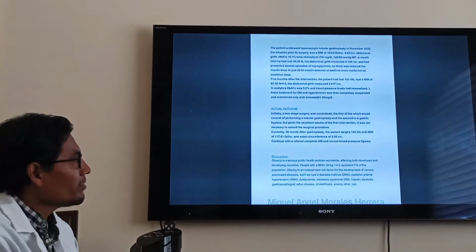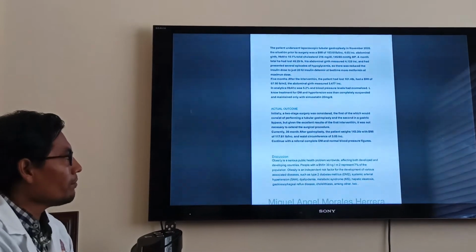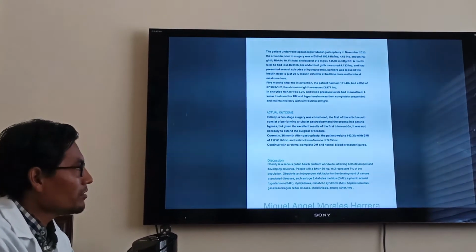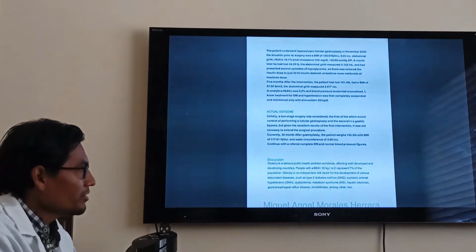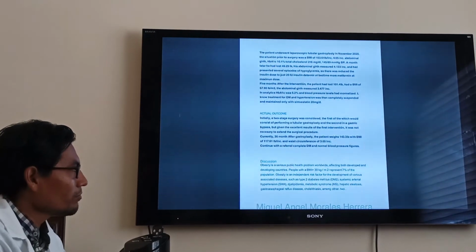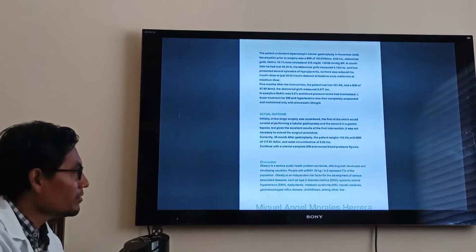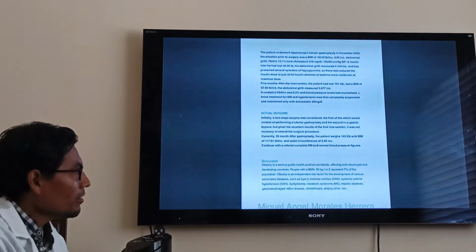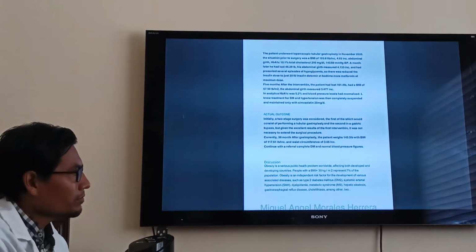Obesity is an independent risk factor for the development of various associated diseases, such as type 2 diabetes mellitus, arterial hypertension, dyslipidemias, metabolic syndrome, hepatic steatosis, gastroesophageal reflux disease, psoriasis, among others.